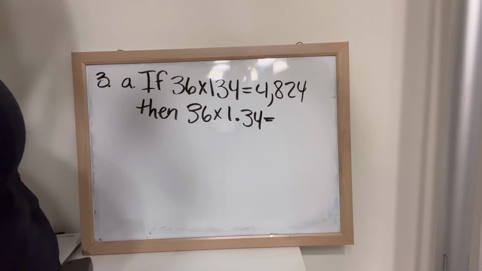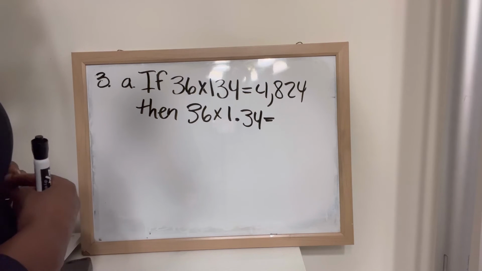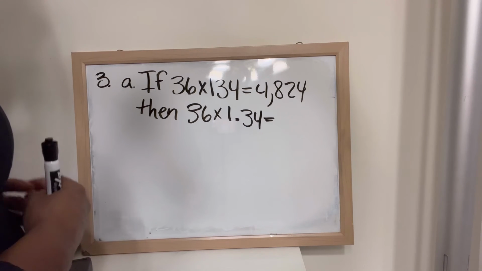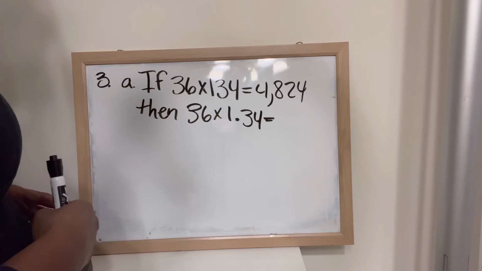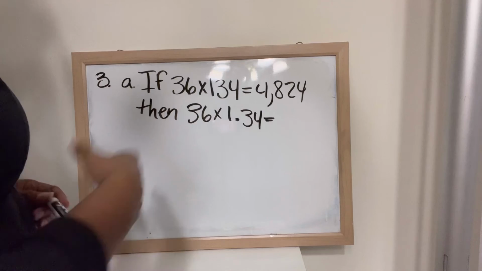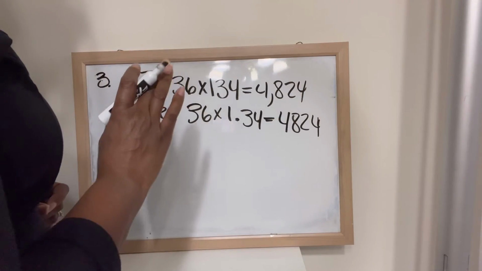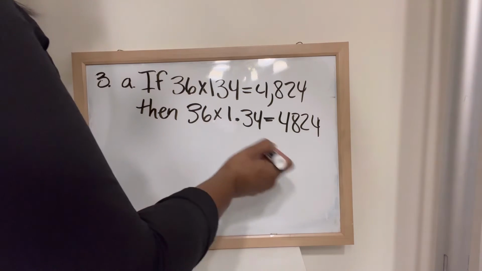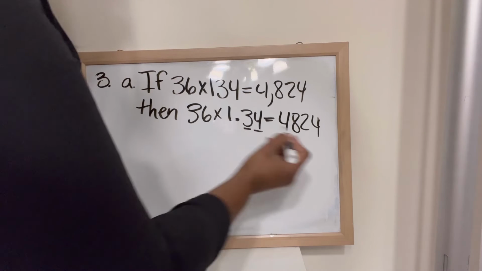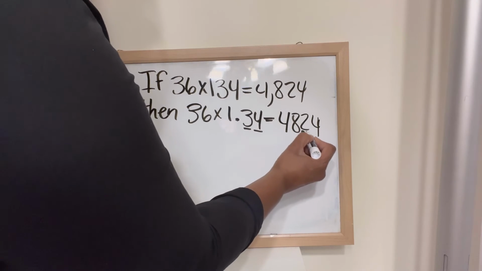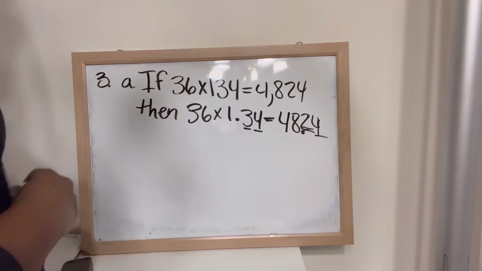For 3A, it has a problem like this. If 36 times 134 equals 4,824, then 36 times 1 and 34 hundredths will basically be the same digits you see here. You're going to have to insert a decimal. Because this is showing us hundredths with 2 numbers behind the decimal, you want to insert your decimal here, and that will show you 2 numbers behind the decimal point.